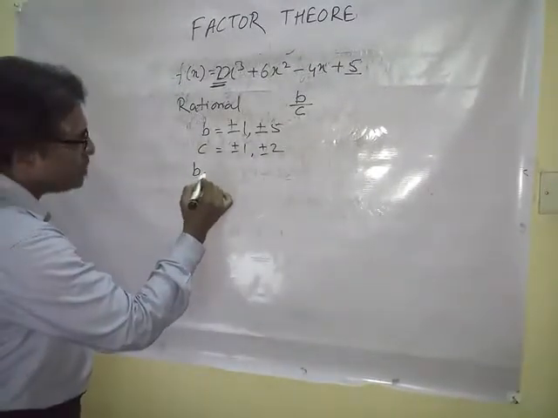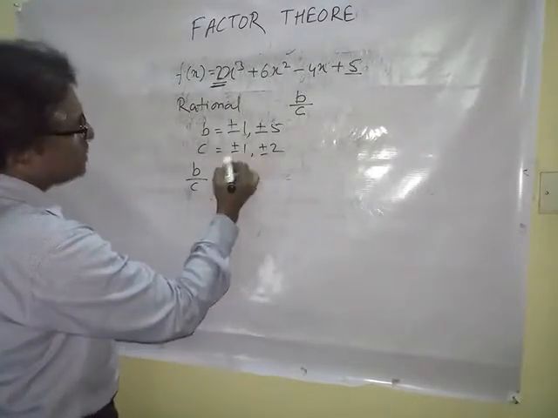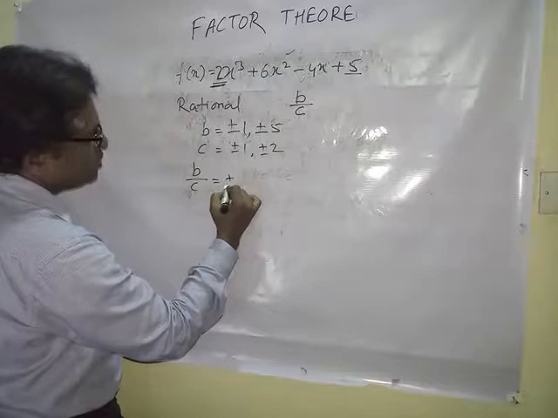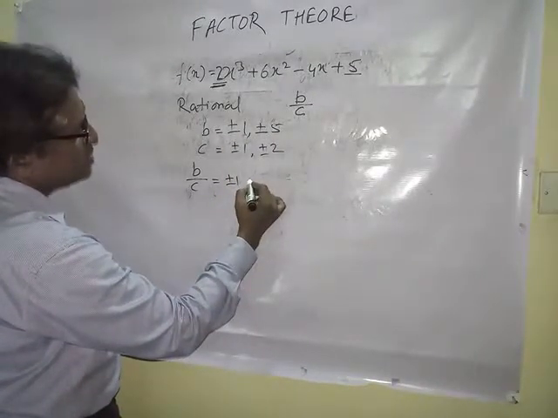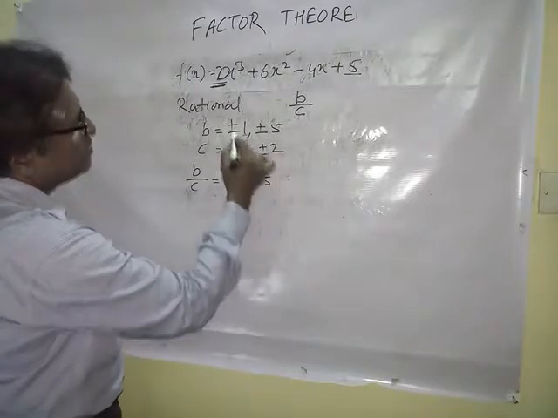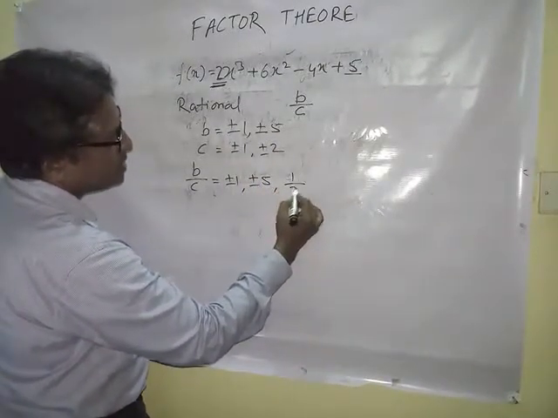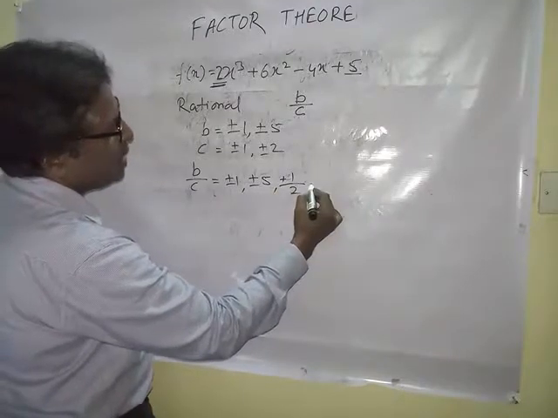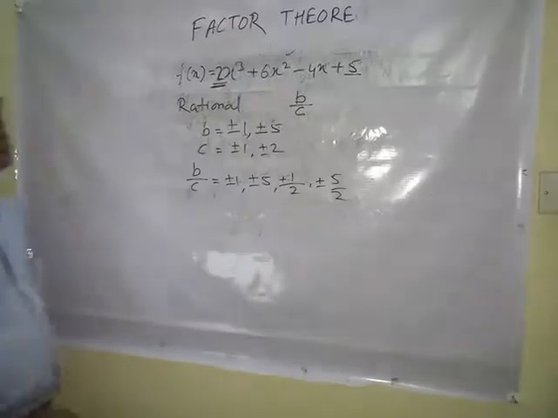And the value of B upon C will be plus minus 1 upon plus minus 1, so it will be plus minus 1, plus minus 5, then plus minus 1 upon 2 and plus minus 5 upon 2.